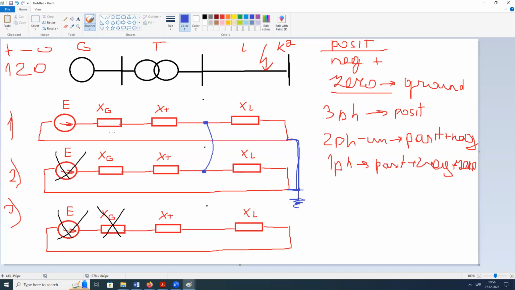And you need to calculate current values, for example. This is the positive sequence current and the negative sequence current, and E is equal to E1 plus E2.